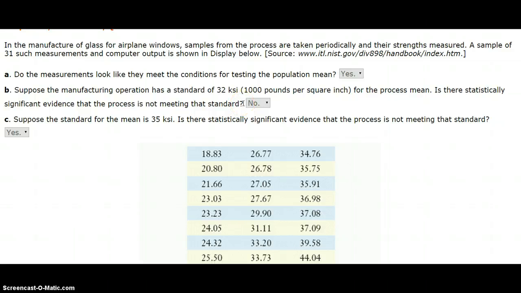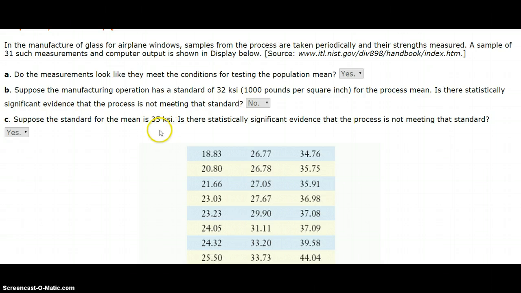Whereas if we're trying to show that some educational treatment is effective and we're failing to reject the null, that's not as big of an issue. The bigger error there would be saying that it works when it doesn't. But here, we do not have enough evidence to reject the null. In other words, there is not enough evidence that the process is not meeting the standard.